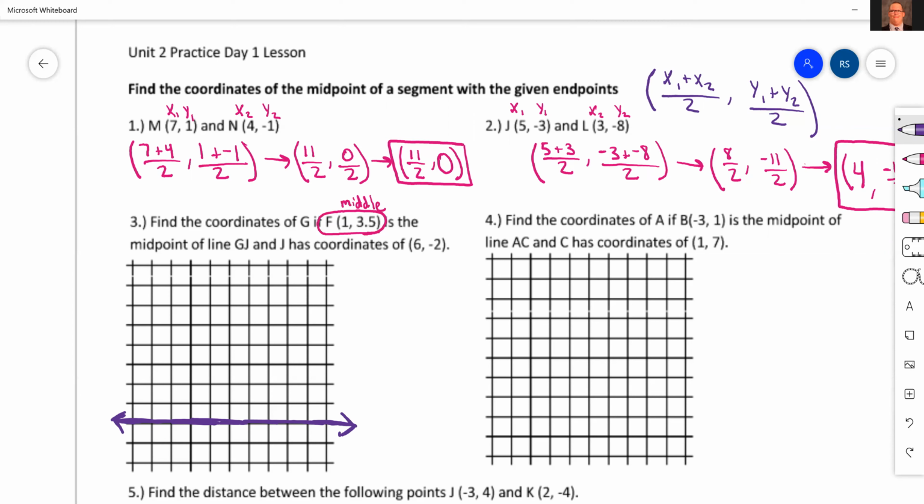I'm going to not do that because I want as much of this on my graph as possible. So there's my x-axis, there's my y-axis.